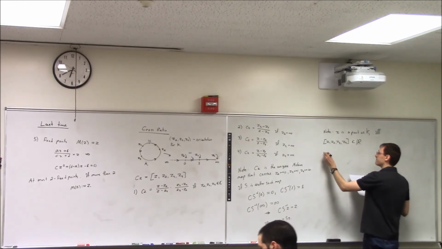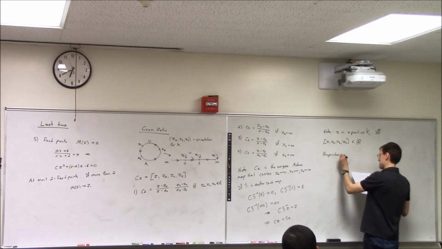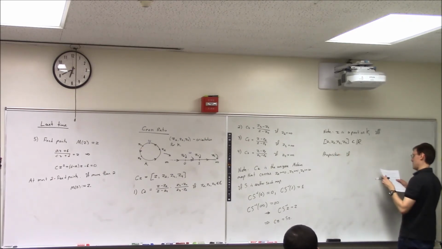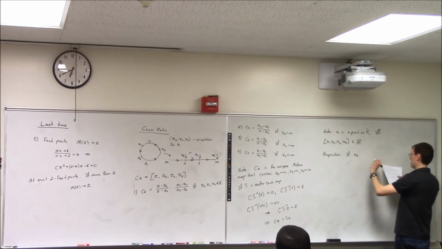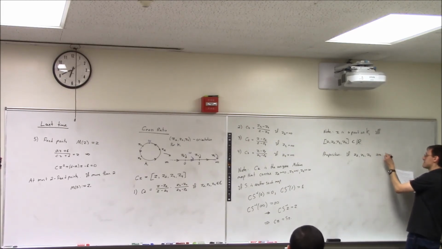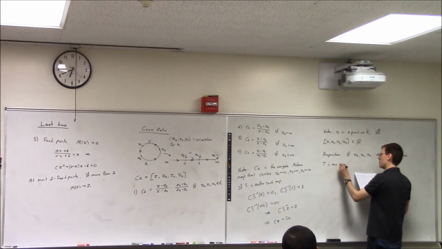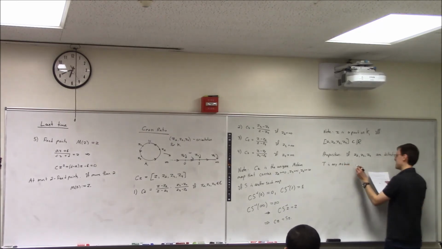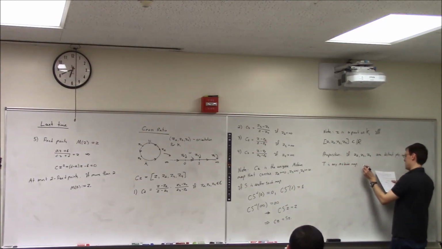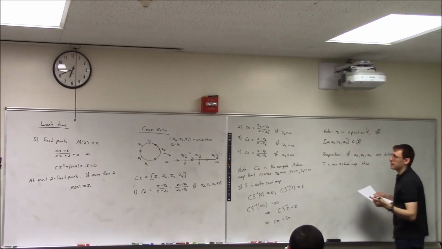First of all, if Z2, Z3, Z4 are distinct points and T is any Mobius transformation, then, and I'll try to explain by picture, the cross ratio is invariant under this transformation.